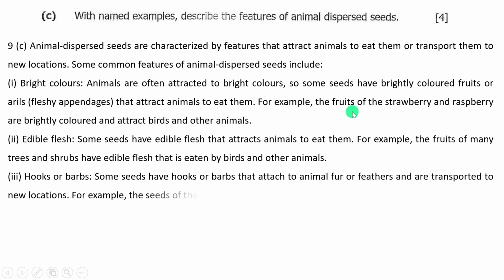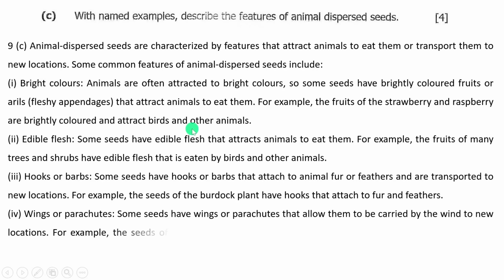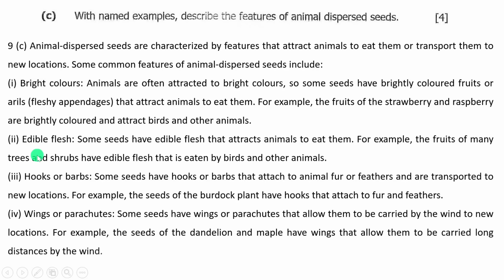For example, the fruits of the strawberry and the raspberry are brightly colored and attract birds and other animals. Then part two, edible flesh. So some seeds have edible flesh that attracts animals to eat them. For example, the fruits of many trees and shrubs have edible flesh that is eaten by birds and other animals.